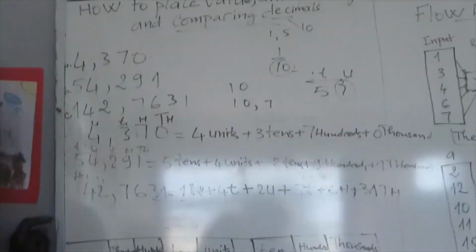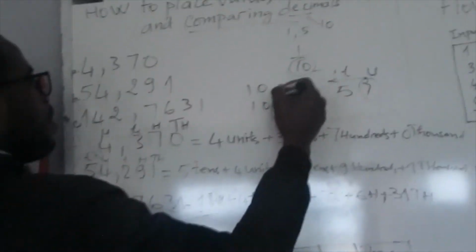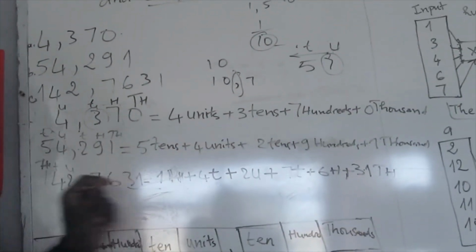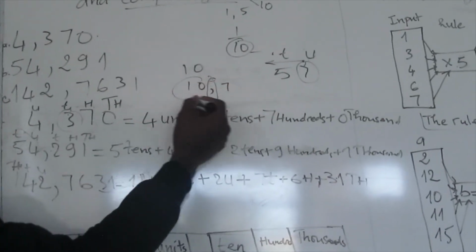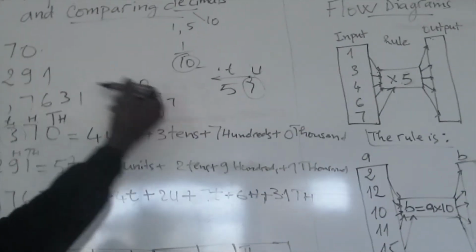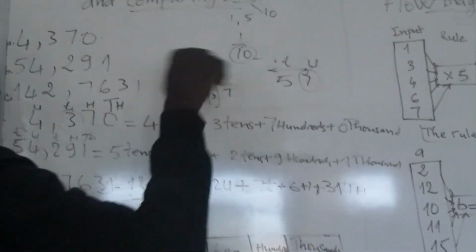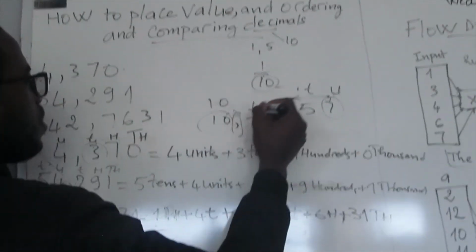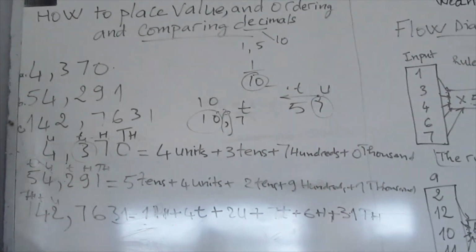To place value, you must respect this comma, because it means divide by 10. You place value the whole number from your right to your left, then after the comma, you start directly with the tens and go so forth.